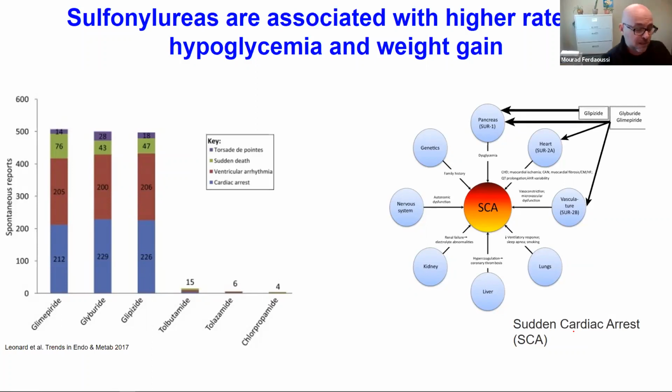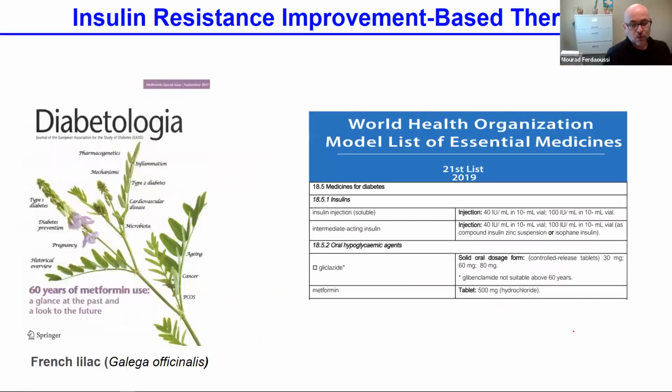So this class of medication is the most used because it's cheaper, but it has very important side effects, which is why it's now important to develop a new class of anti-diabetic drugs without those side effects.